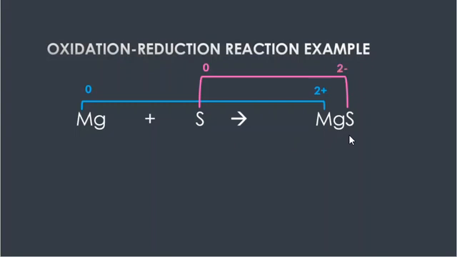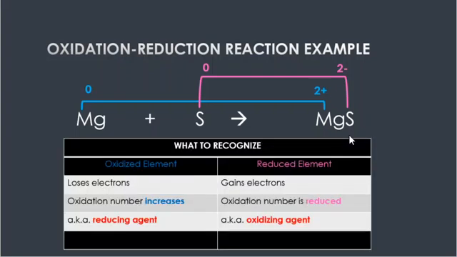Now we're going to take a moment to consider which element is being oxidized and which one is reduced. Here are some things to recognize about oxidation and reduction. The oxidized element will lose electrons. The oxidation number will increase or become more positive.